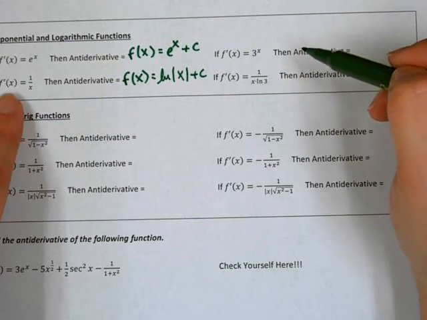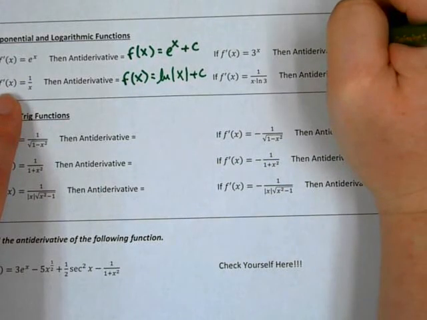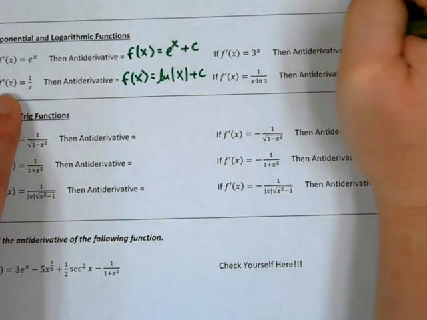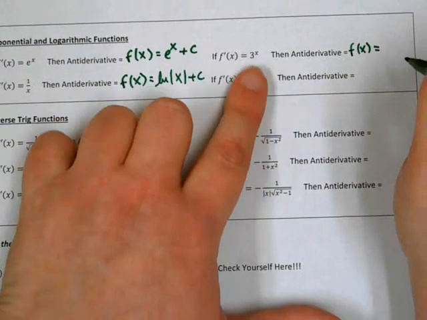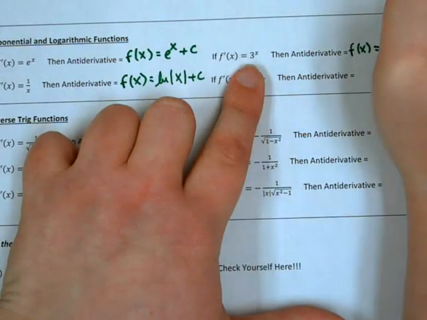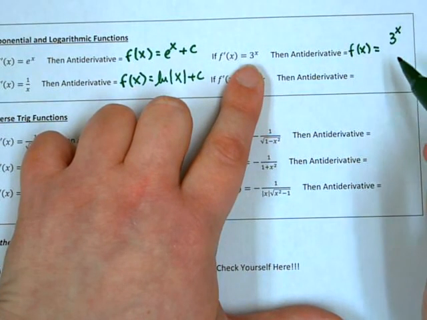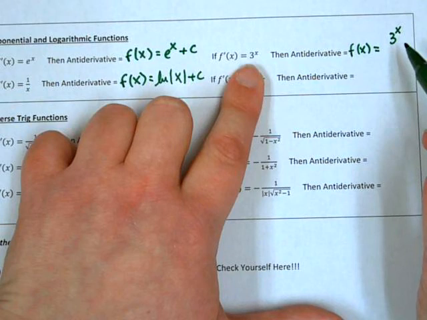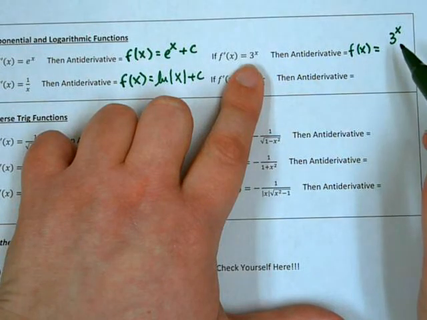If f prime of x is 3 to the x, then the antiderivative is going to be f of x equals, now this one's a little bit trickier. We know that if we have a function 3 to the x, then the derivative is 3 to the x times the natural log of 3, because we need to multiply by the natural log of the base.